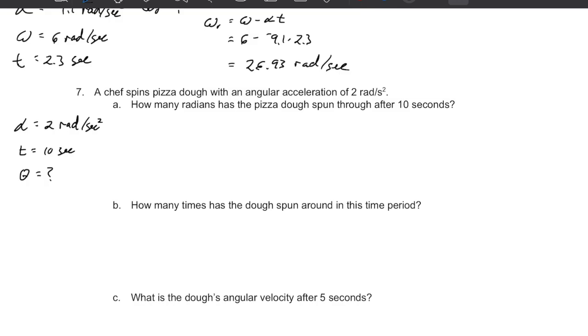An educated guess. When the chef grabbed the pizza dough and started spinning it, what was the initial angular velocity, do you think? Probably not spinning when he first picks it up, so probably 0. It's a safe bet. So we're going to say that theta is equal to initial angular velocity times time plus 1/2 angular acceleration times time squared.